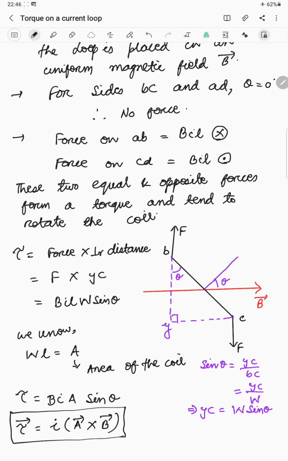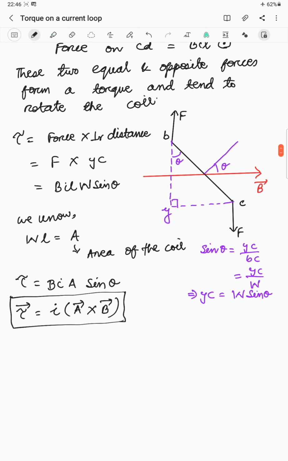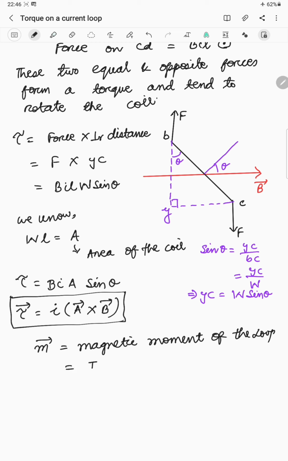Now if I want to incorporate the magnetic moment of the loop, because we know that the current carrying loop will behave like a magnetic dipole, which will have a magnetic moment. So if I incorporate that, my small m vector, which is the magnetic moment of the loop, will be equal to current I, let me write, small I A vector.